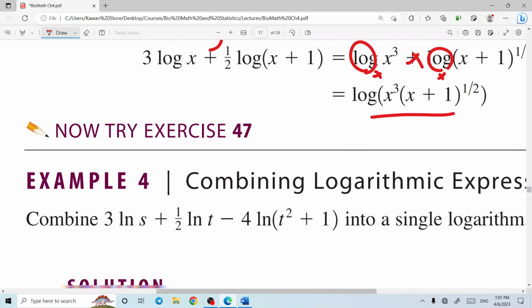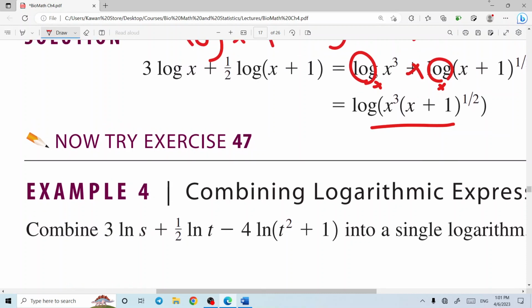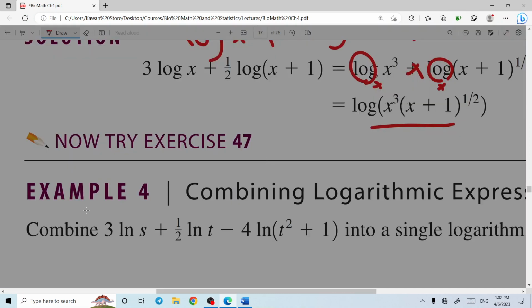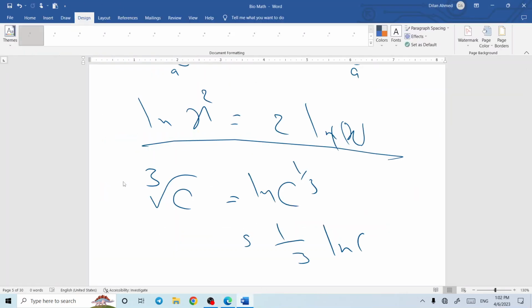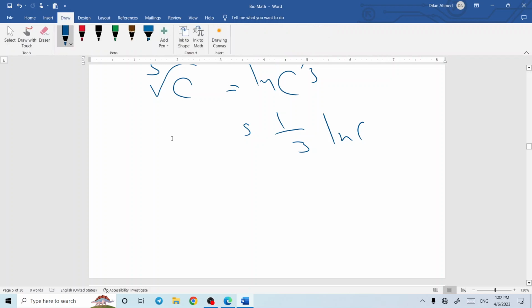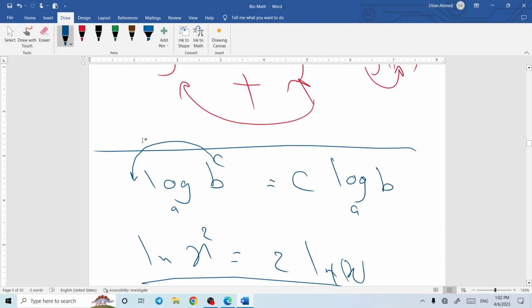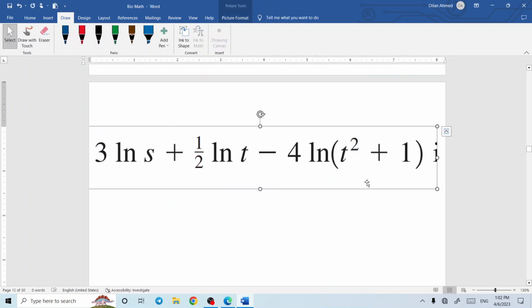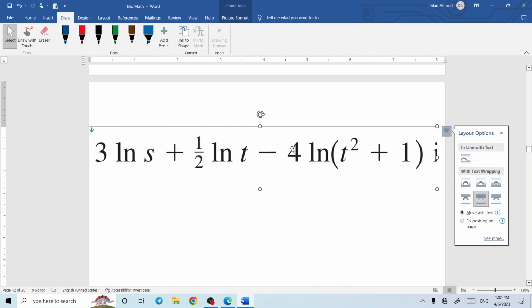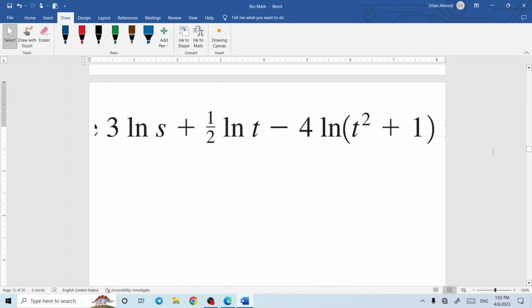If you try here, you don't need to study at home. Really. Combine this together.